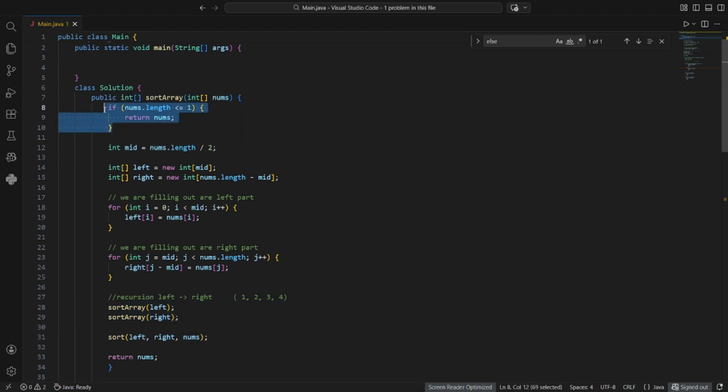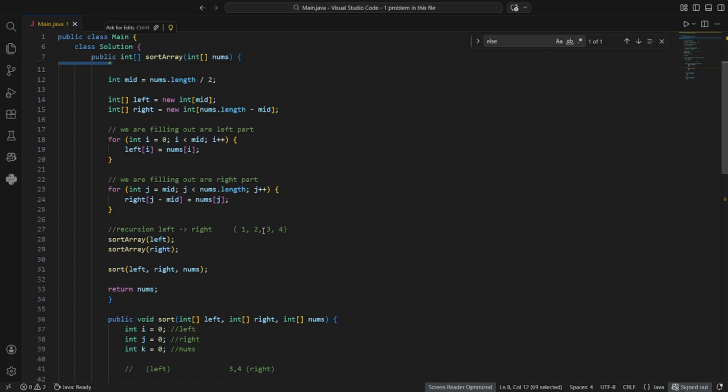This is going to stop us when we get to 1. So 1, 2, 3, 4. It's going to get into, as I said, 1, 2 and the right side is going to be 3, 4. Again, we're going to divide it. 1, 2, 3, 4. So they're each going to have 1 element. So basically what's going to happen is we have these 4 elements, right?